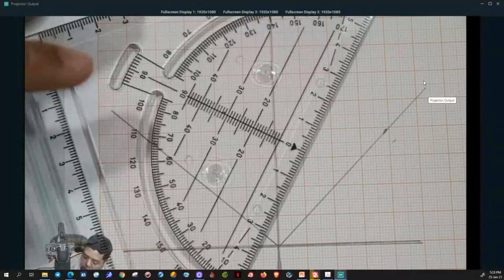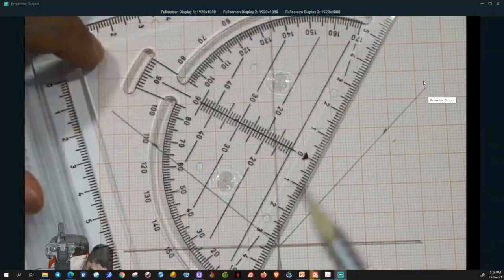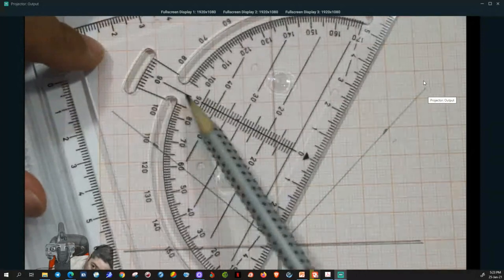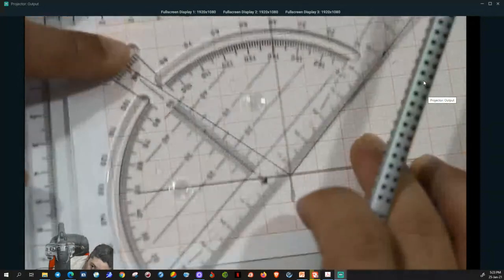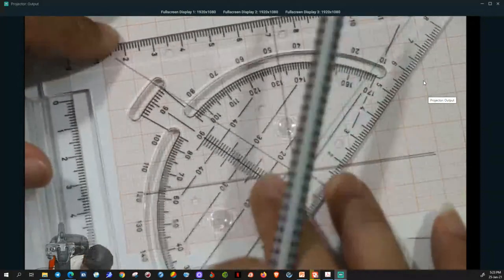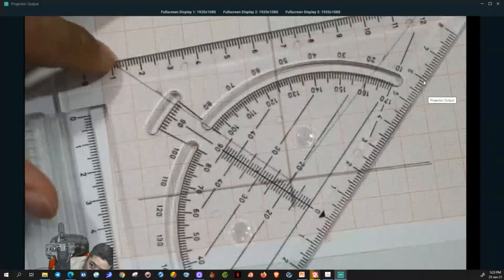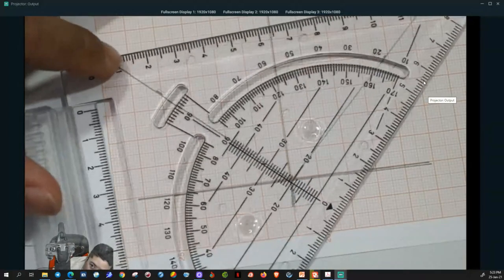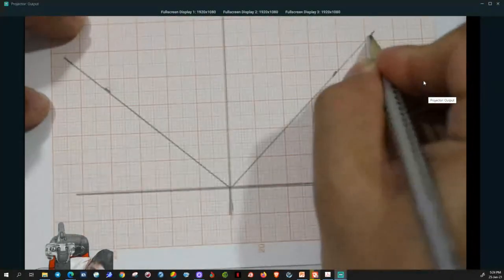The first ruler is usually the degree scale, this one. You want to take the 90 degrees, this line, and you want to place it with your T2. Mustaqim, like this. Can you see? I will place the 90 degrees with T2 so that you will see this is your T1. That's the end of T1.